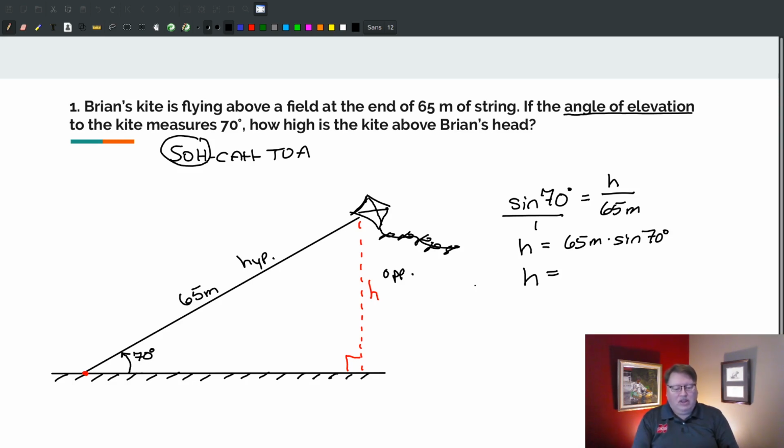If you turn your phone sideways, yes, we have some trig functions, and I want to make sure I'm in degree mode. So I am, and we're going to say 65 times the sine of 70.